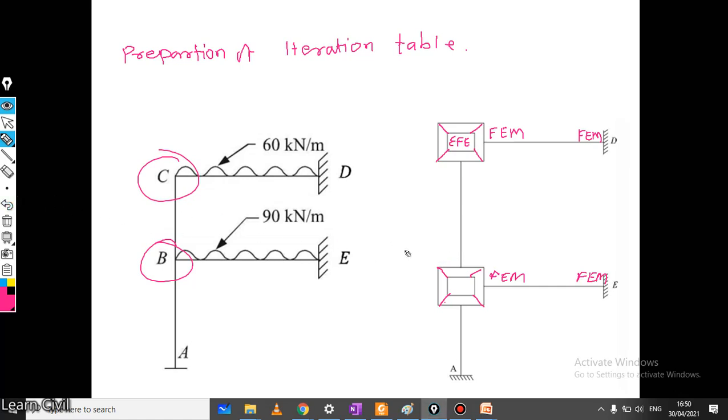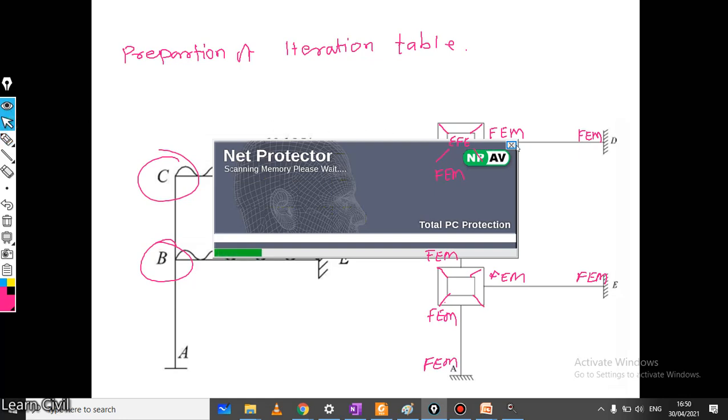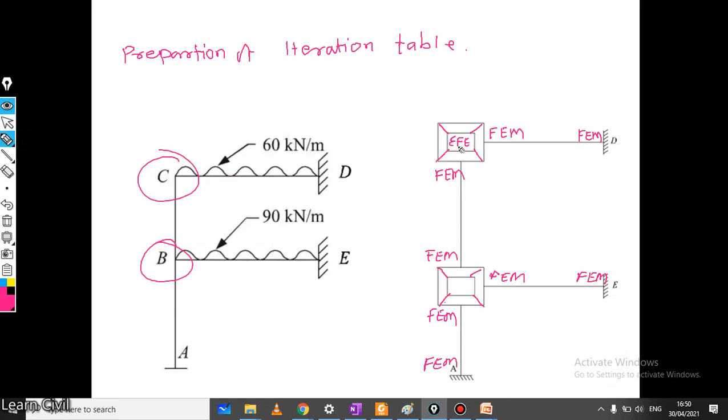In this particular box, we will write down the summation of fixed end moments at joint C, which will be the sum of these two fixed end moments. At joint B, we will write down the summation of fixed end moments, which is the sum of this fixed end moment plus this one plus this particular fixed end moment.